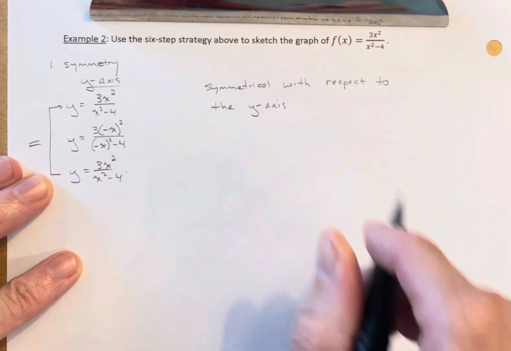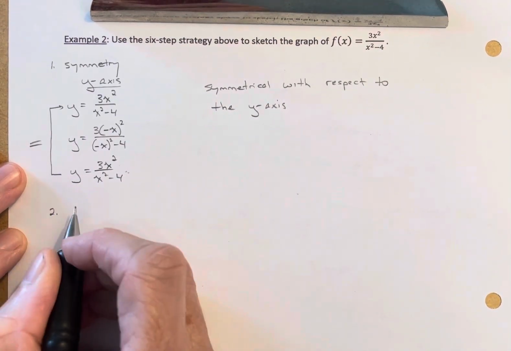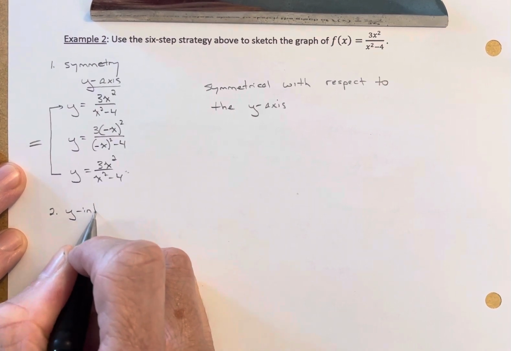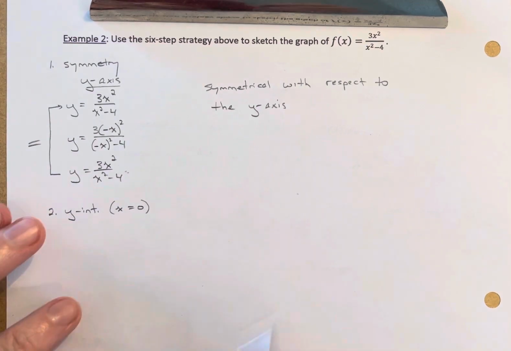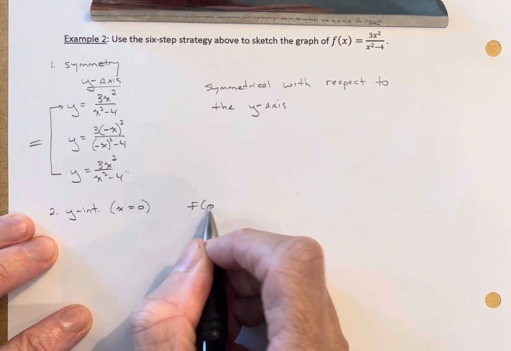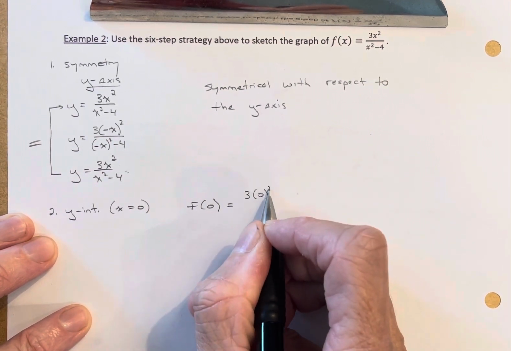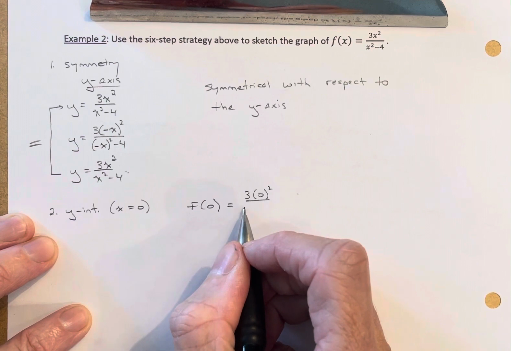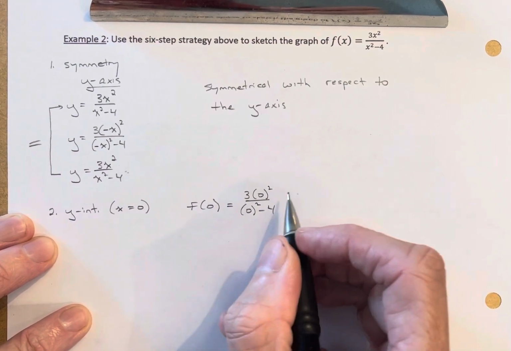Symmetrical with respect to the y-axis. No need to check the origin, as I said. Okay, number 2, what's the y-intercept? Y-intercept, of course, is when x equals 0. I'm going to save space by writing off to the right. Okay, so f of 0 is equal to 3 times 0, the quantity squared, divided by 0 squared minus 4.